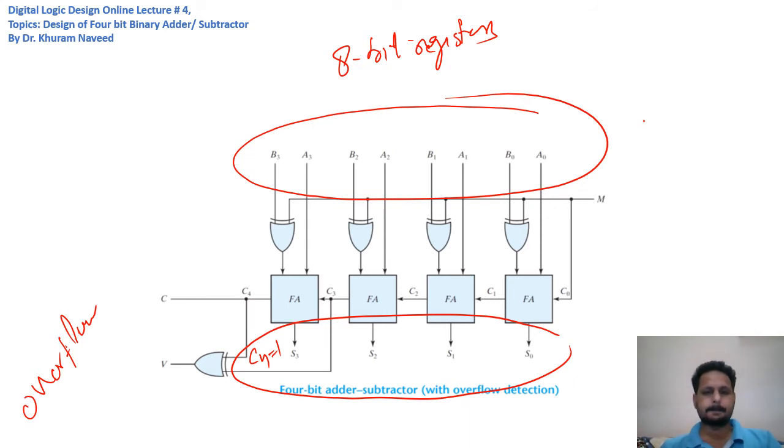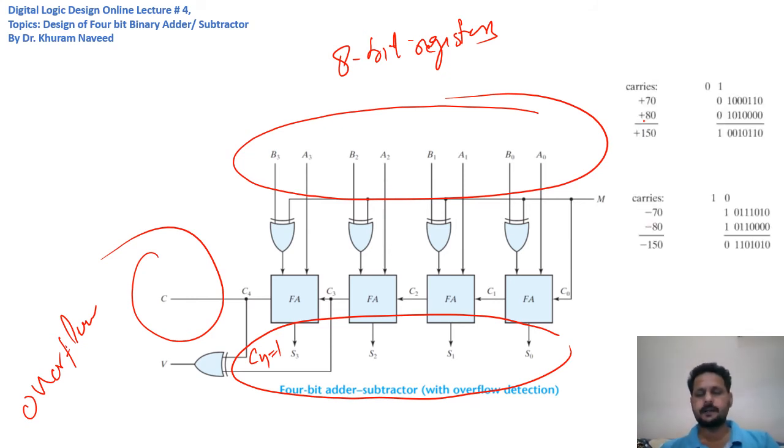So in this case, we need an indicator that tells us that the overflow has occurred, and we need an additional resource. So here the output C serves as a flag of an overflow, but a more critical problem arises in case of signed numbers, where the most significant bit denotes the sign of the number, right?